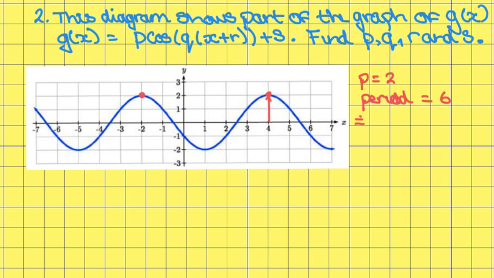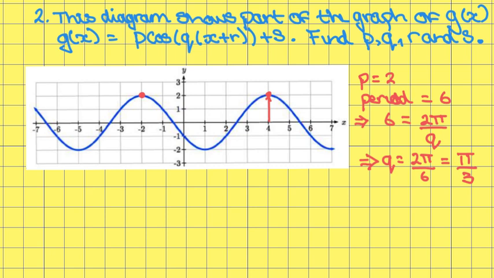Therefore, 6 is equal to 2 pi over q. Therefore, q is equal to 2 pi over 6, which is equal to pi over 3.